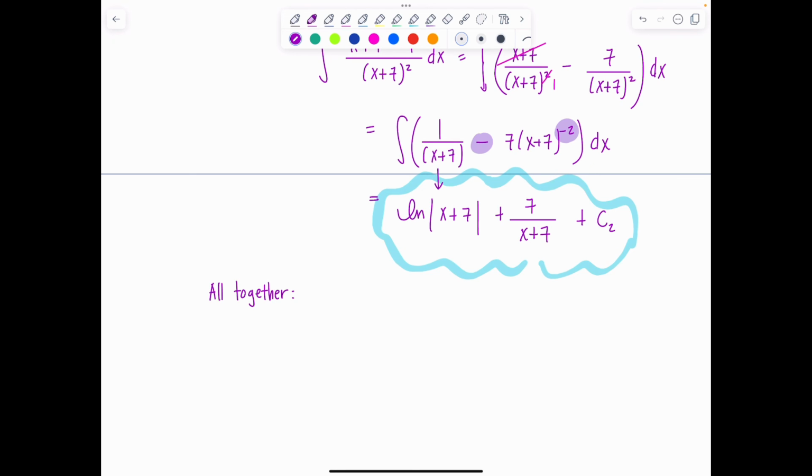We have 1/6 tan inverse of 3x, this part's squared, plus ln absolute value x plus 7, plus 7 over x plus 7 plus c, where c equals c1 plus c2.